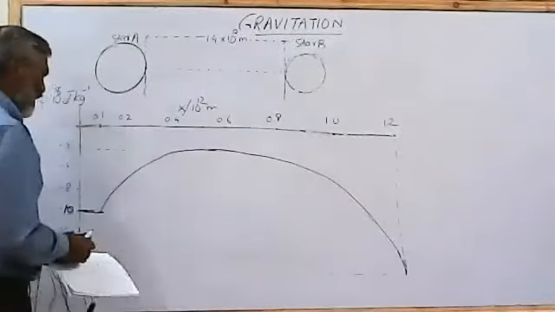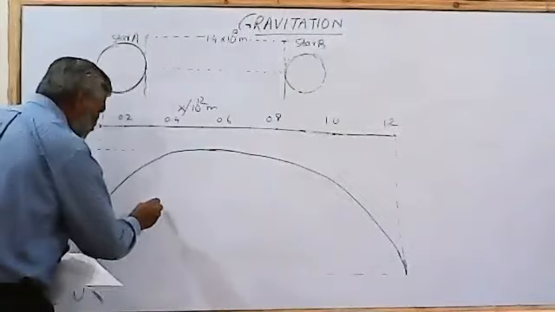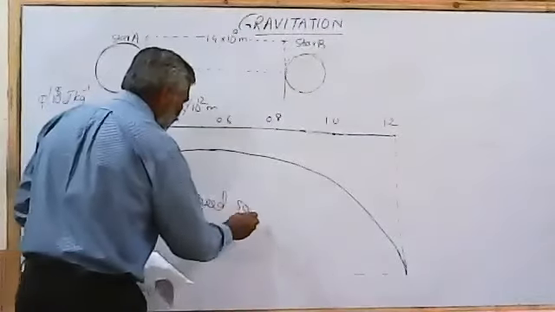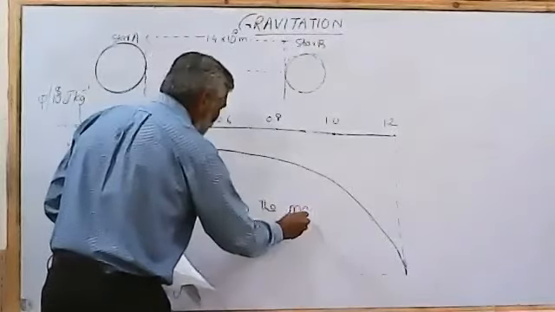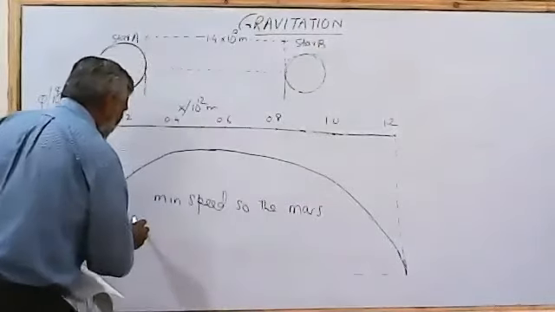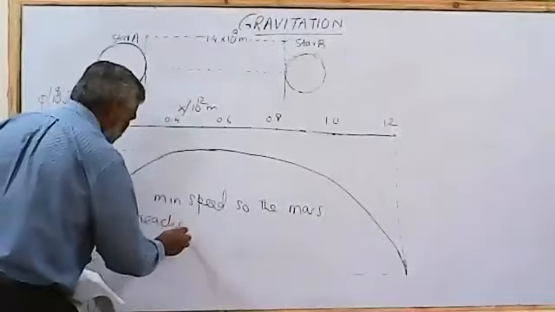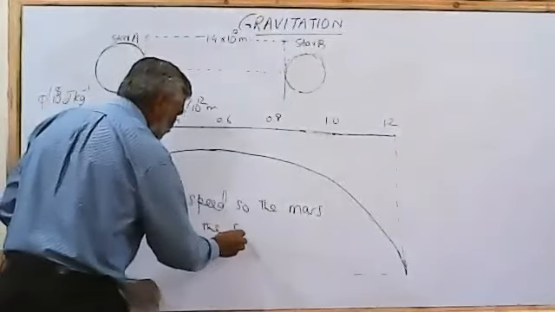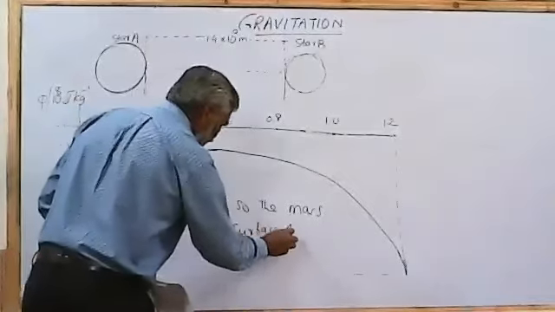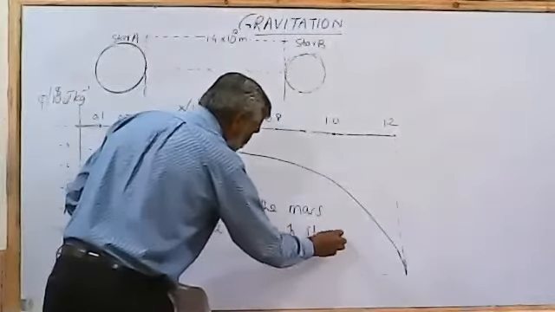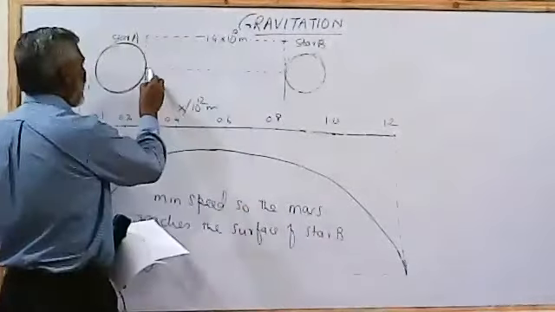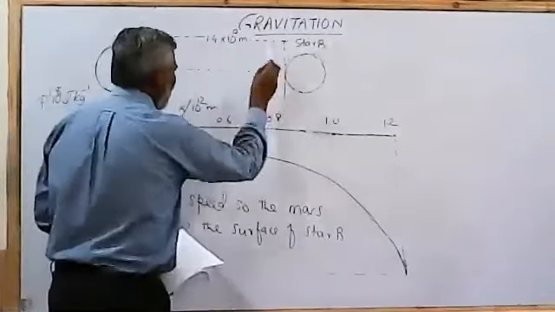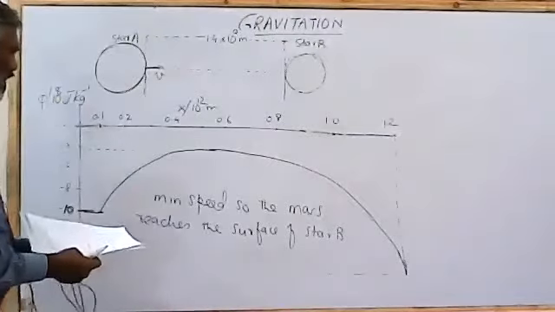So this time, if I want to calculate the minimum speed, the mass reaches the surface of star B. If you are starting here, what is this minimum speed? So the mass reaches the surface of star B.